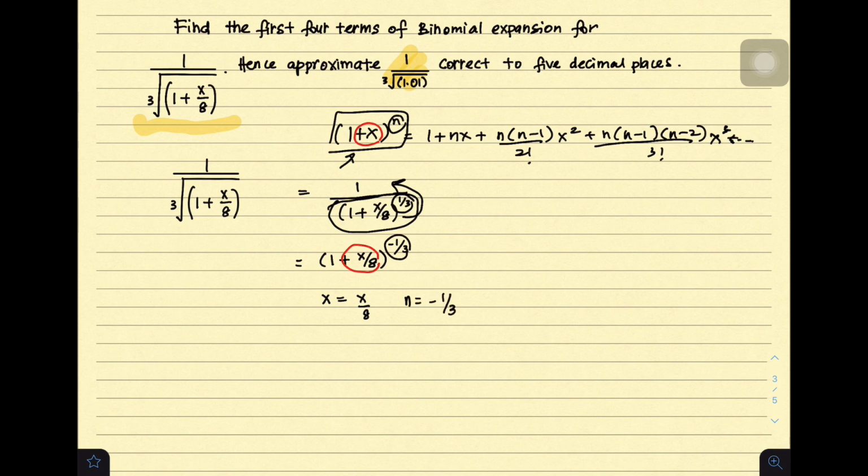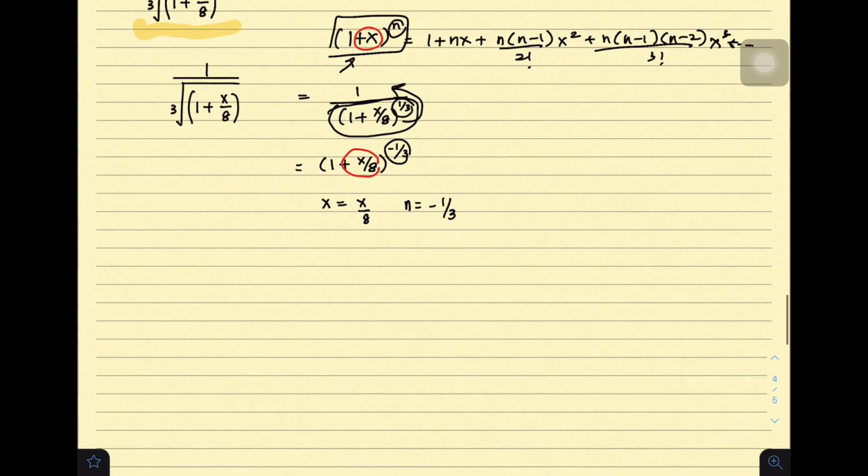So when we know the value of n and x, there is no more problem for us to use the binomial series expansion here. Okay, so for the 1 plus x over 8 to the power of negative 1 over 3, the expansion will be 1 plus with n. So your n is negative 1 over 3 multiplied by x. So your x is x over 8. Okay, plus with n. So n is negative 1 over 3.